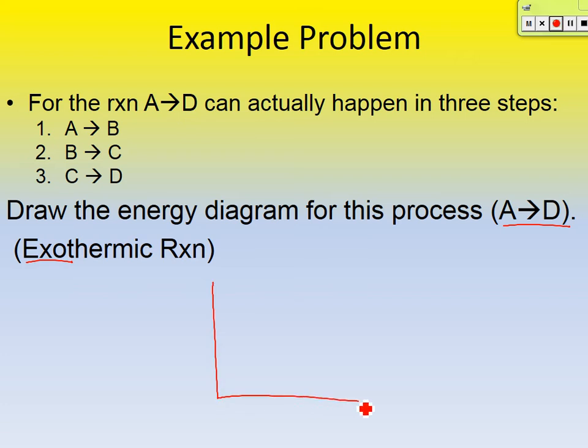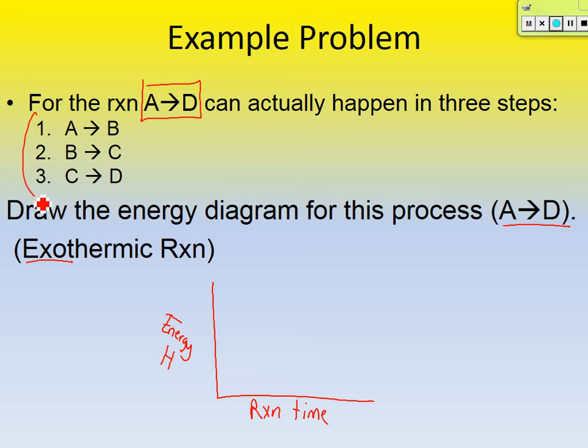Well, let's draw the energy diagram. You remember from last chapter, we drew a lot of these energy diagrams where we had energy on our y-axis. Really what we're measuring is heat energy called enthalpy. And then we put reaction time on the x-axis. Now, if you look at this reaction, it looks like it's one step, but if you see the mechanism, there are 3 steps.